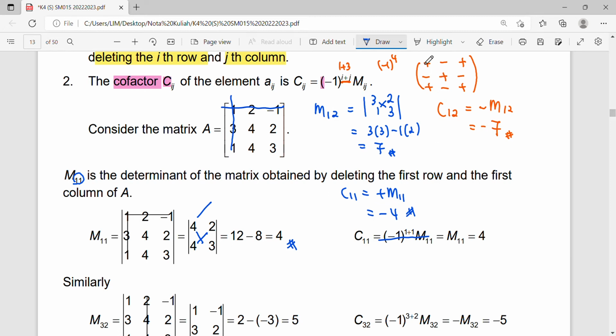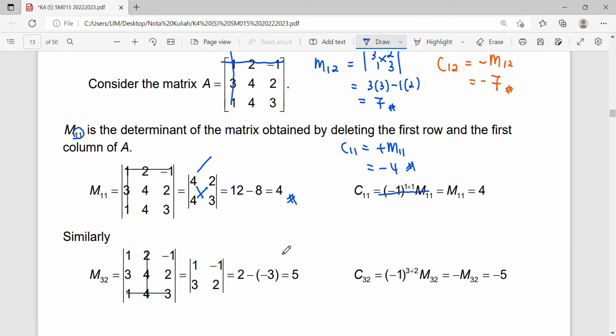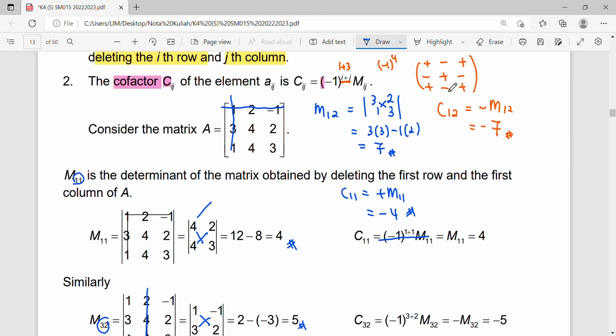Start with positive first. Alright, so you can see an example for minor 3, 2, eliminating row 3, column 2. So the determinant of the remaining elements 1, 3, negative 2. AD minus BC, 2 minus negative 3, we get 5. For cofactor, we find position 3, 2, which is in the position of negative.